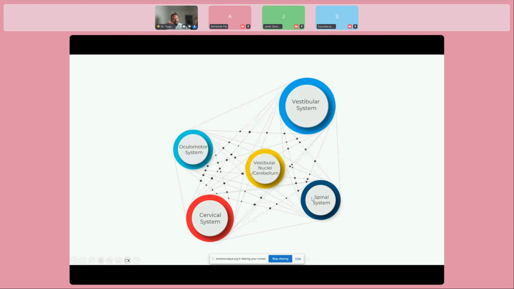And we've also seen the other systems, cerebellar, cortical, vascular, proprioceptive, and so many things can affect it, right? Because of this complexity, we are not able to identify it precisely if you don't look at it. This is the biggest mistake many of us make.